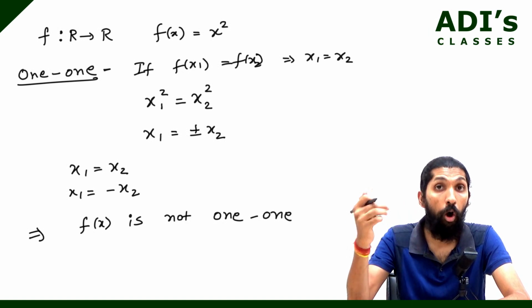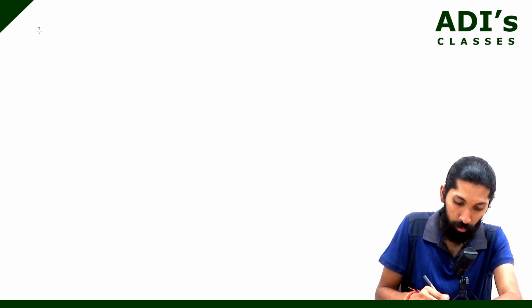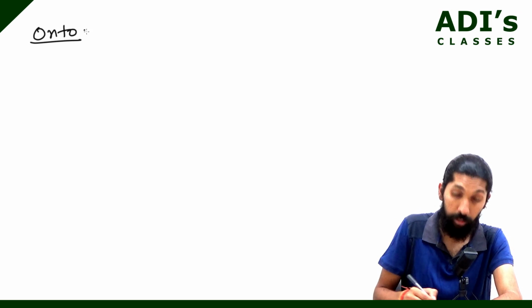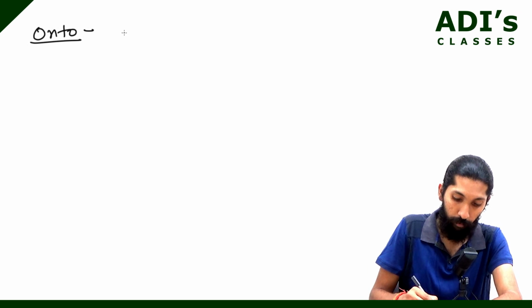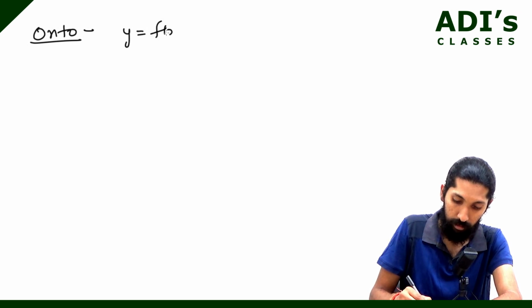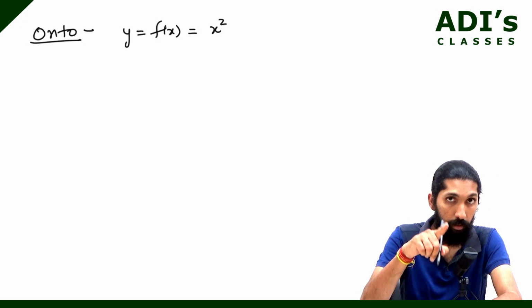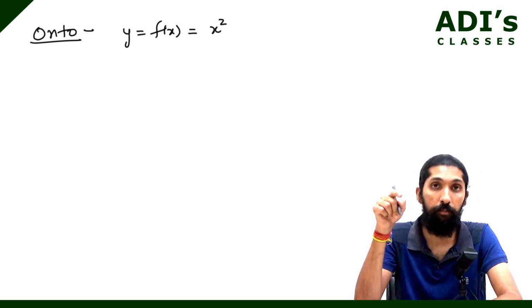Now we'll go for onto. All right. See, what is your function? So this is for onto, or we can also call it the surjective part, right? For onto, we have y is equal to f of x, which is equal to x square. Now remember, the range is the set of all real numbers.